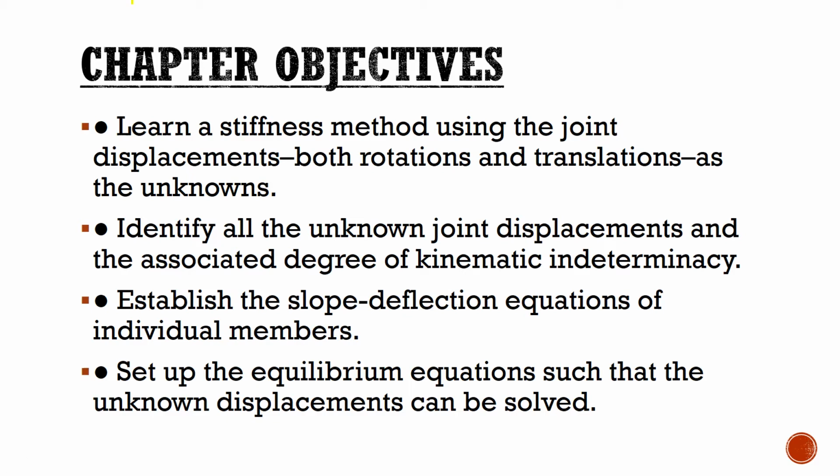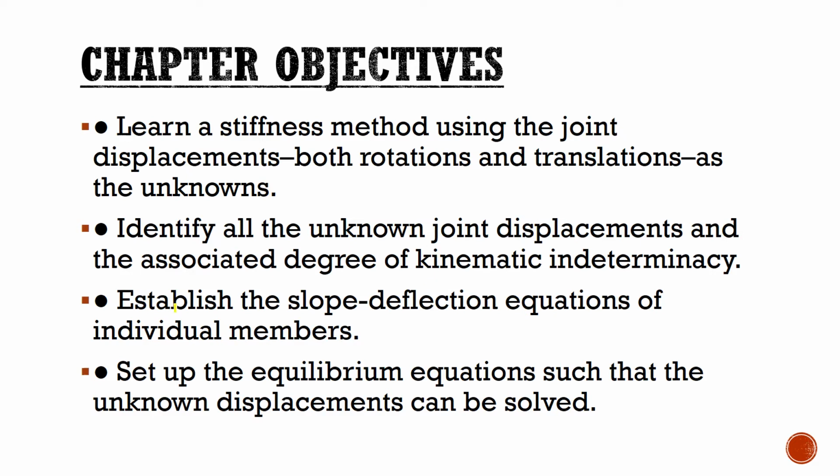So these are the chapter objectives that we need to learn. We have 4 objectives. First, learn the stiffness method using the joint displacements, both rotations and translations, as the unknowns. Second, identify all the unknown joint displacements and the associated degree of kinematic indeterminacy.